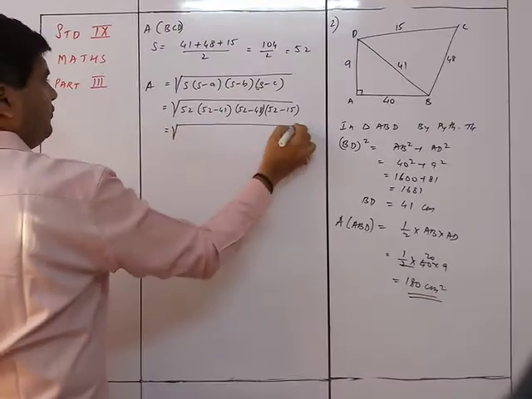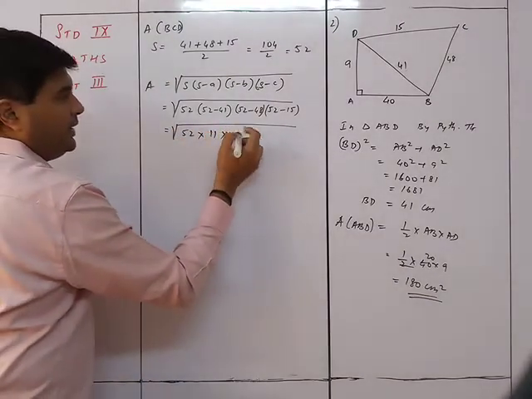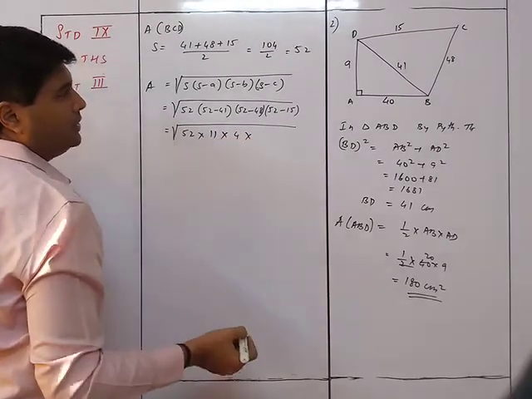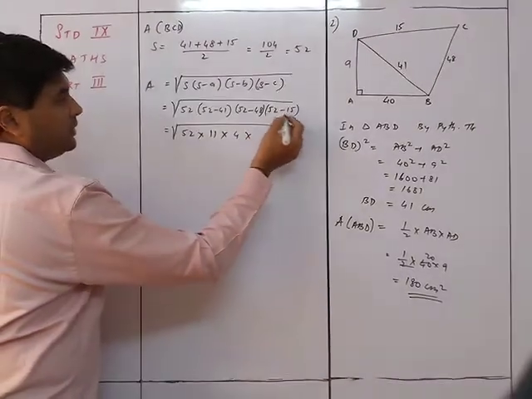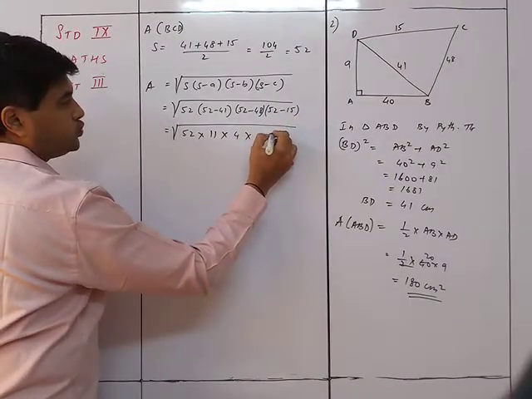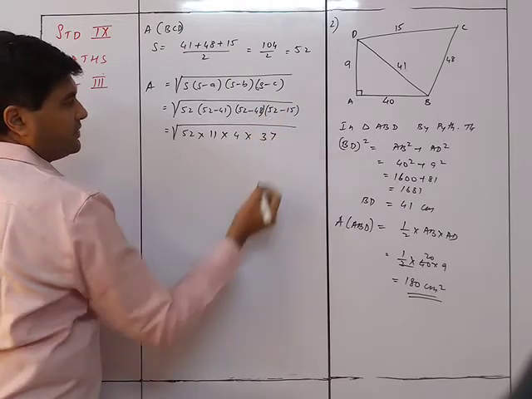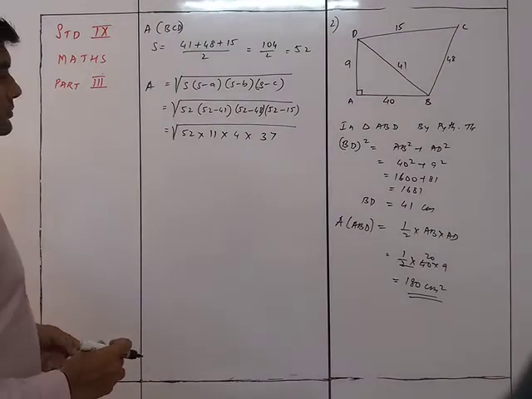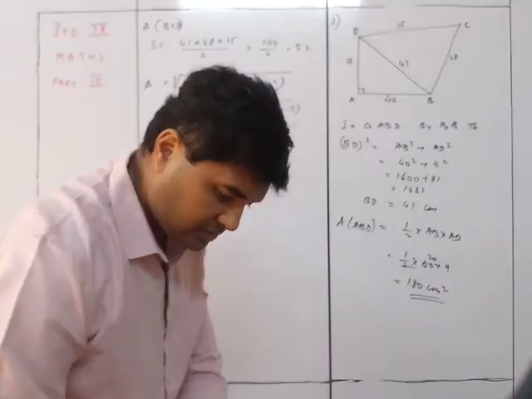That is square root of 52 into 11 into 4 into, this will be 37. Strange. Very strange answer.